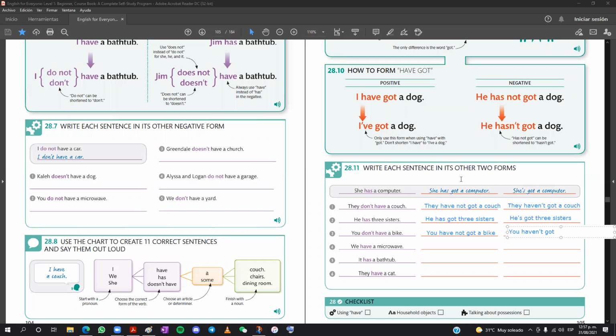Lo que se dejó de escribir. Ok, muy bien. Ahora la cuarta, we have a microwave. ¿Alguien? Ana, Dani, Emiliano, Laura, Mara. We have got a microwave.